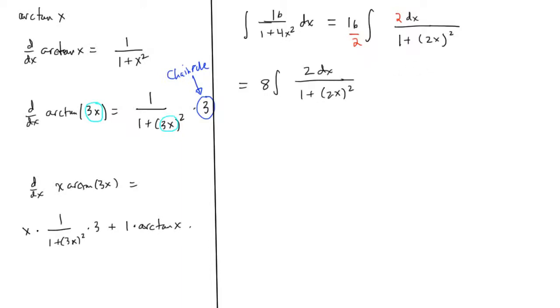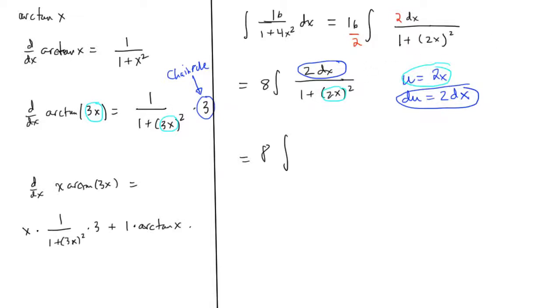And so what that means is I can make a u substitution. We'll let u equal 2x, du is 2dx. If I make the substitution, the 2dx is right there, and this is right there.